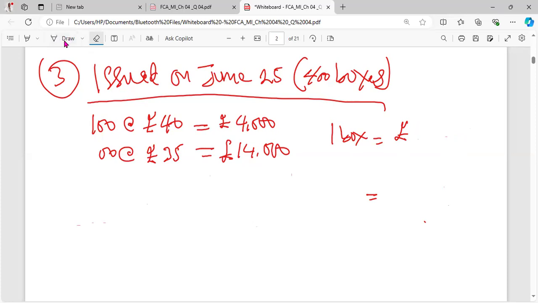All right, so this is going to be 300 at 35. So how much would that be? 300 multiplied by 35. That will give me 10,500.